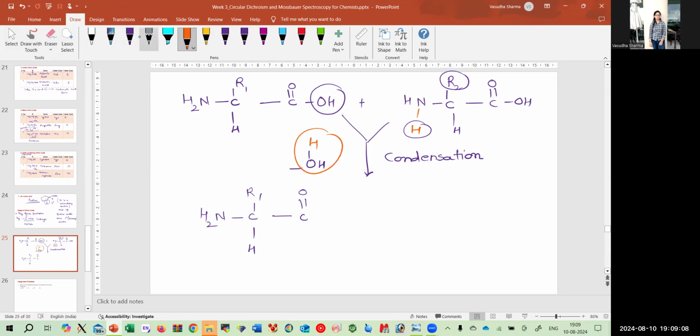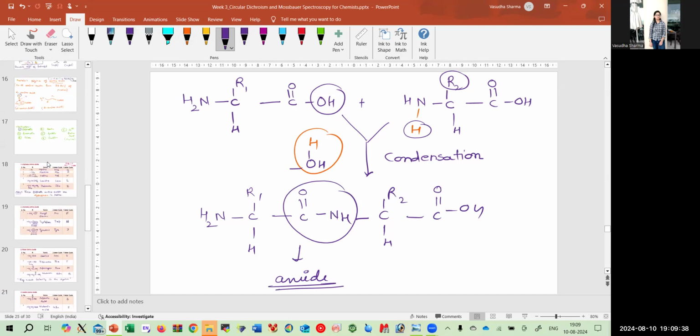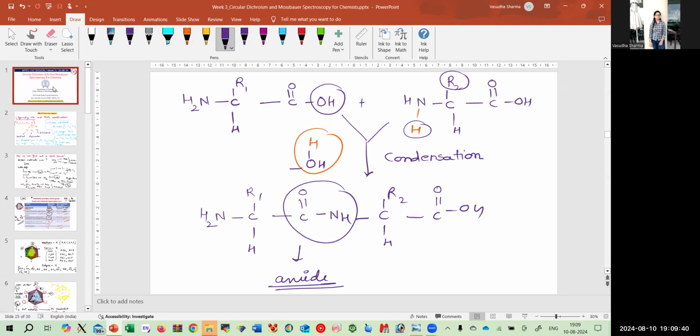So this would go, and therefore we would have CO, NH, C, R2, H, C double bond O. This would make an amide, the peptide. And based on that only, we will have different combinations of amino acids, and therefore it would form a protein molecule. So this is all about the basics that we had to learn.